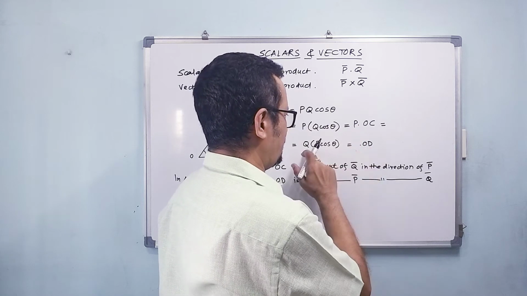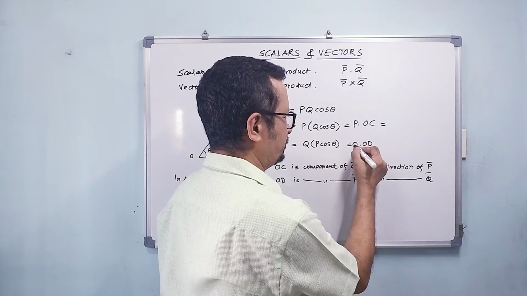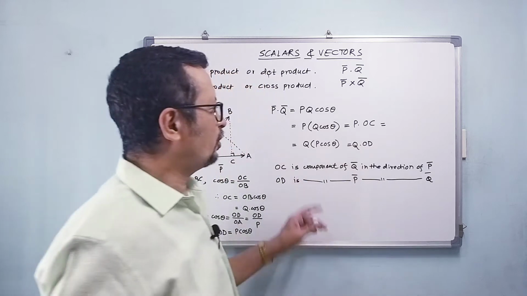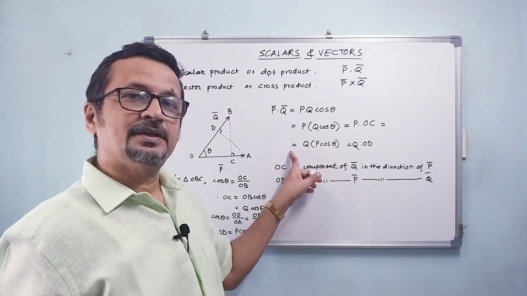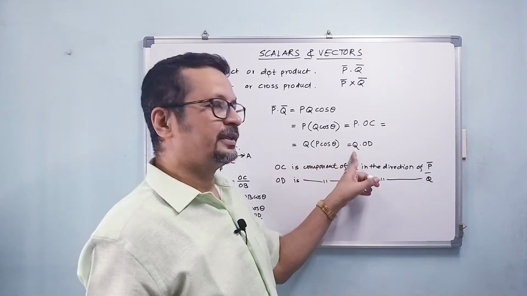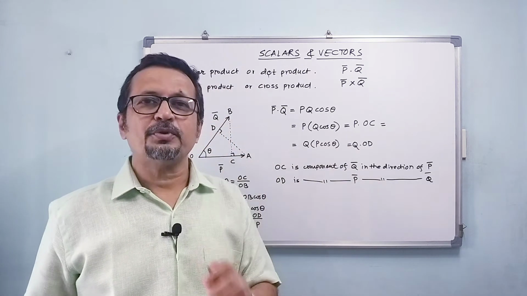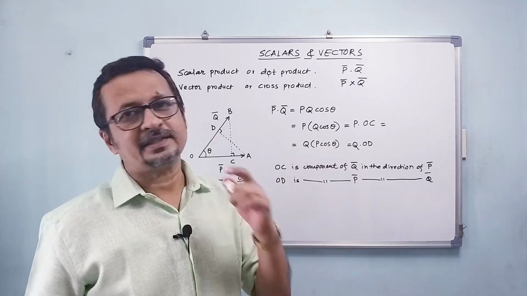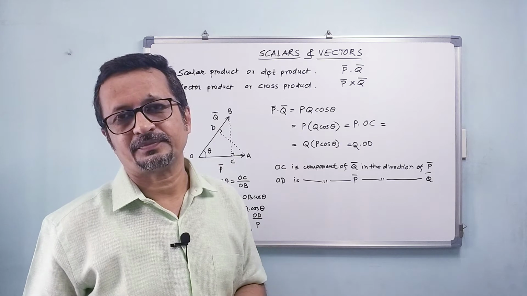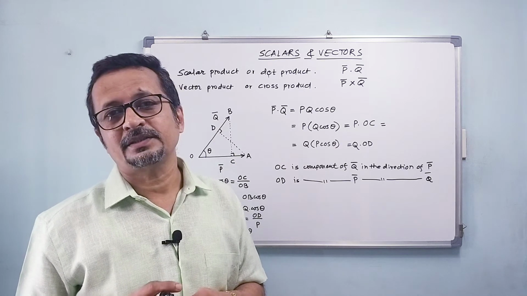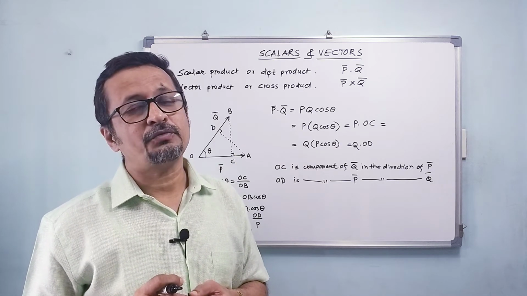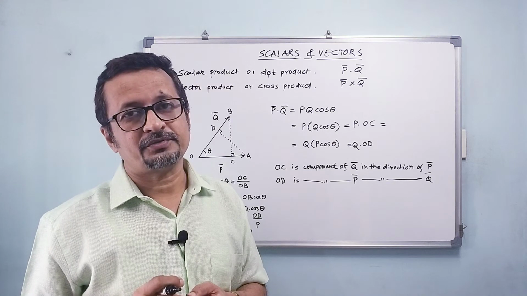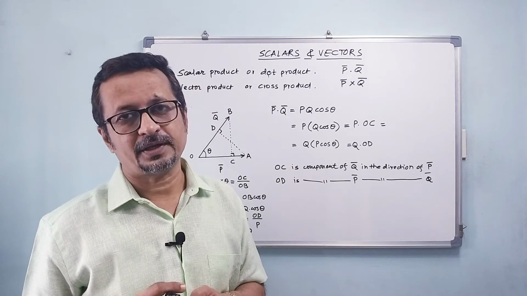Or otherwise it is the product of the second vector and the component of the first vector in the direction of the second vector. That is how we define the dot product of P bar and Q bar.